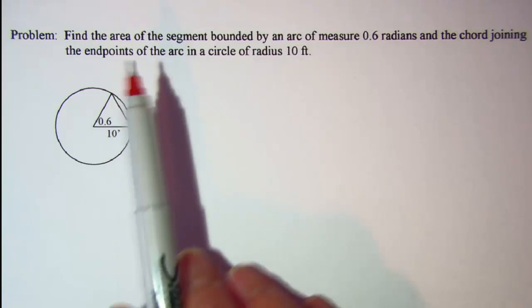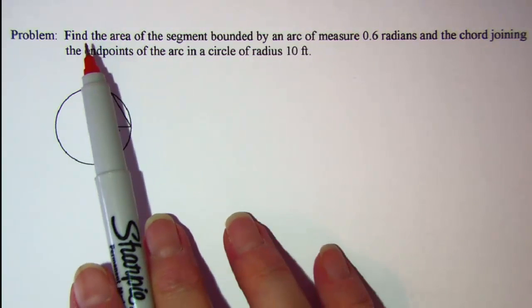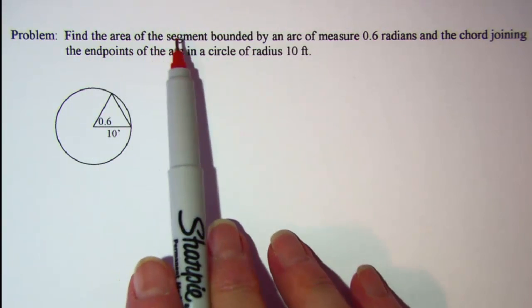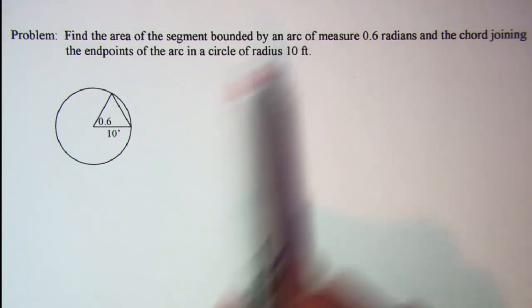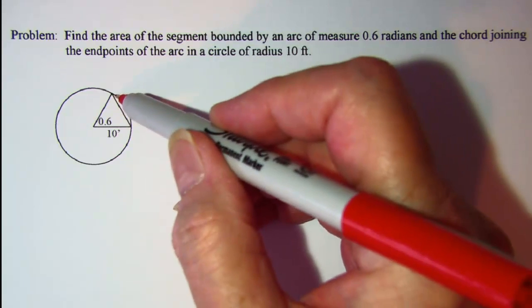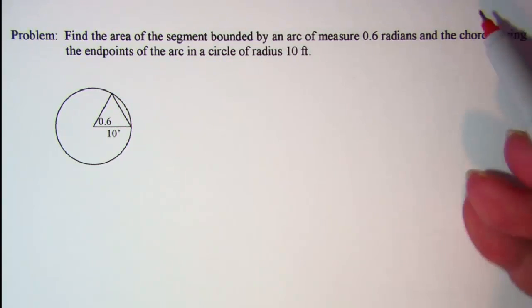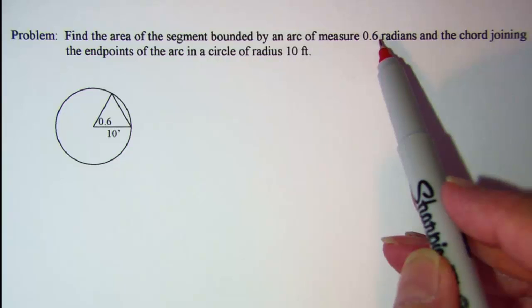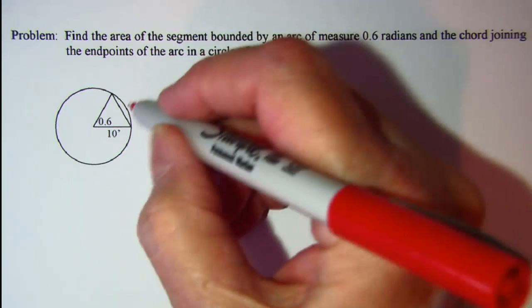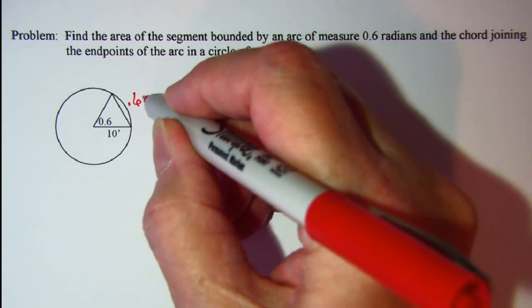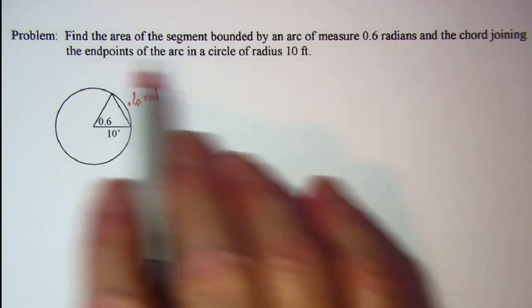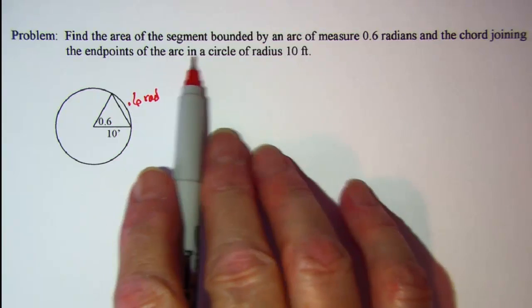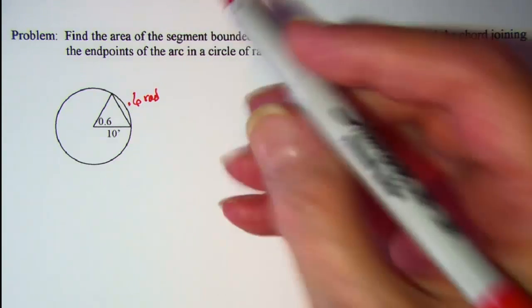The problem that we'll be doing: directions tell us to find the area of the segment bounded by an arc. So here's our arc. And the arc measures 0.6 radians, and the chord joining the endpoints of the arc in a circle of radius 10.